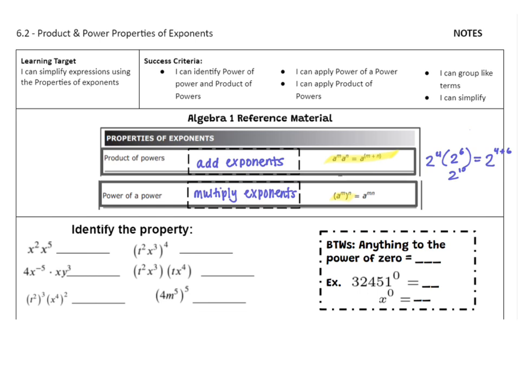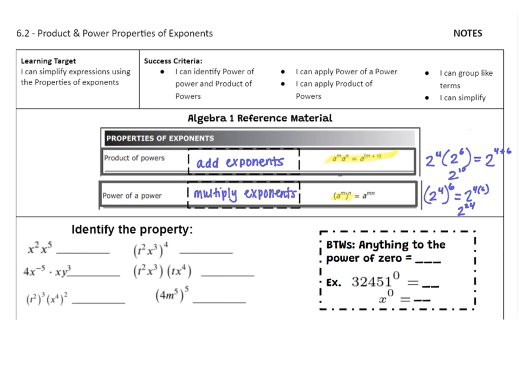So if we have, let's say, 2 to the 4th power, and then that is raised to the 6th power, then you're going to multiply the exponents together. So this would be 2 to the 4 times 6 power, which would be 2 to the 24th power.